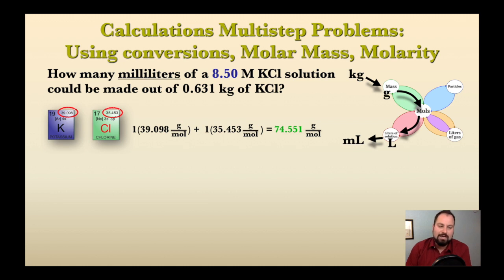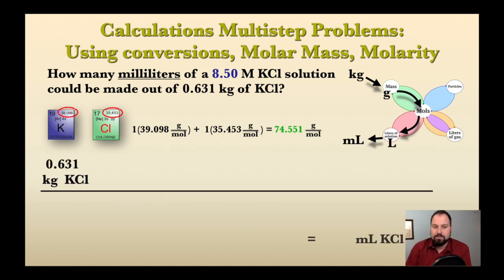Okay, let's start the actual solution. Big long T-square here, known piece of information, 0.631 kilograms of potassium chloride. Our goal way down there at the end, milliliters of potassium chloride solution. So we are going to do the metric conversion.